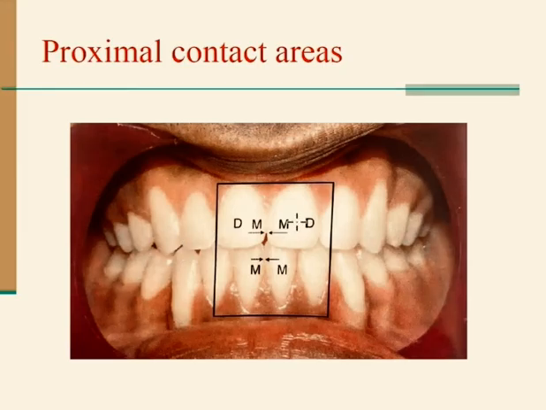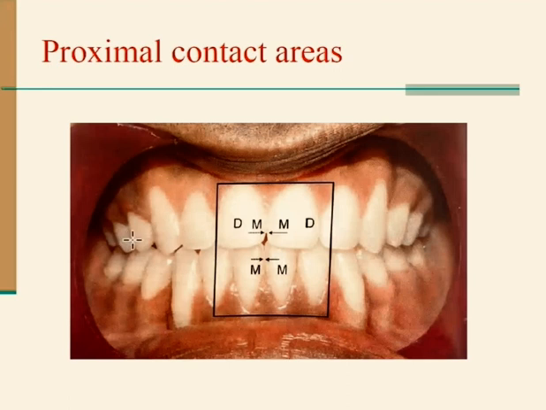Now, how would the proximal contact areas change? The contact will become more broad as we go posteriorly. Here we said the small contact areas, while as we go more posteriorly, it becomes a broad contact area. So we say a contact area, not a contact point anymore, in the molars.